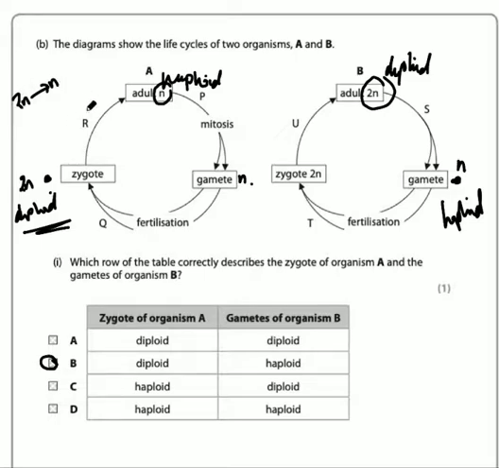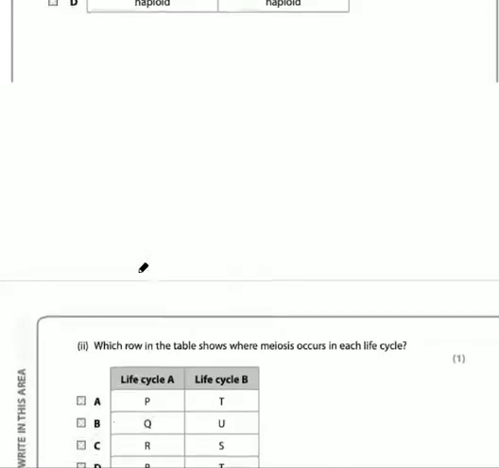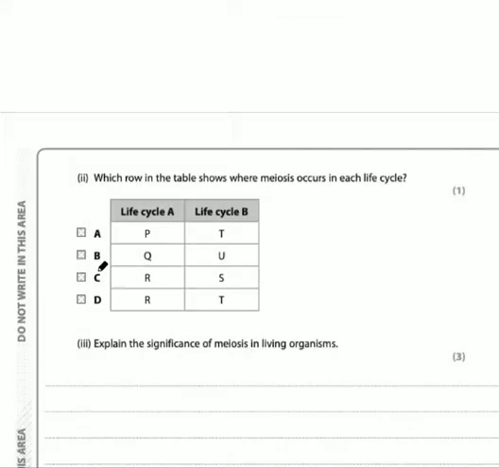Therefore, meiosis has occurred in R. Now, if we go to B, we're having 2N, and it goes to N, and from N to 2N, from 2N it remains 2N. Therefore, we're looking for this occurring 2N to N, so we have a 2N that's going to an N over here. So therefore, this occurs at S, and therefore the answer is RS. That would mean it's C.